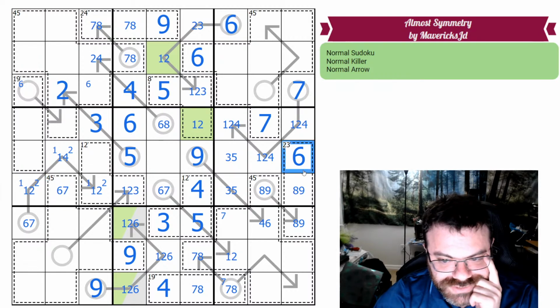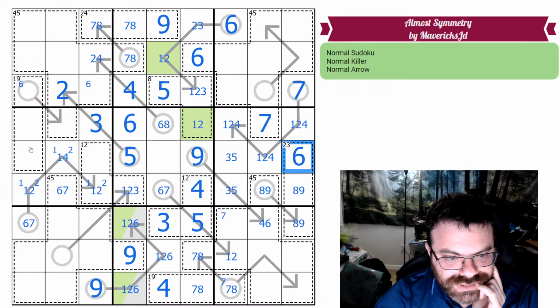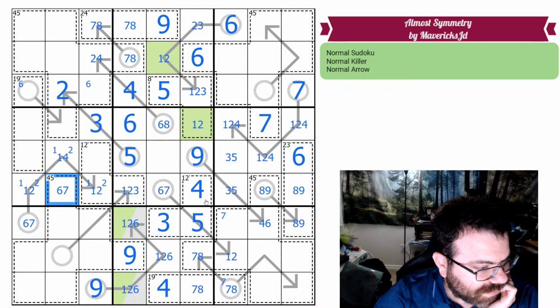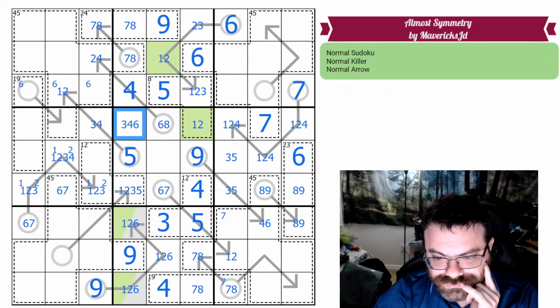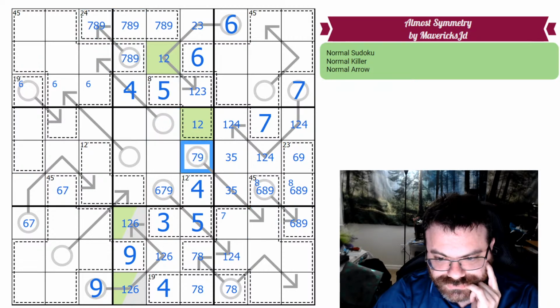So do I have to go all the way back to where I placed this 6 then? Row 6, column 2. How long ago did I do that? I did so much work since then? Here.